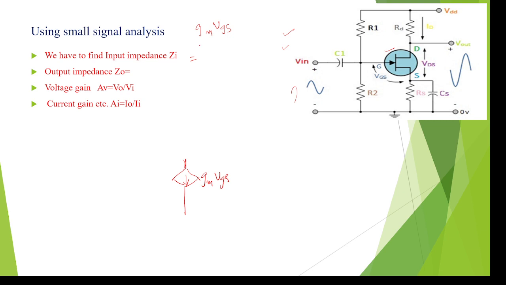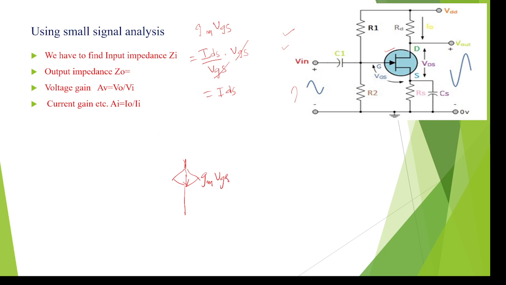Here gm means transconductance, that is output current by input voltage VGS, the voltage between gate and source, multiplied with VGS. So VGS cancels and the remaining is IDS only. That's why we can write it like this: gm multiplied with VGS.